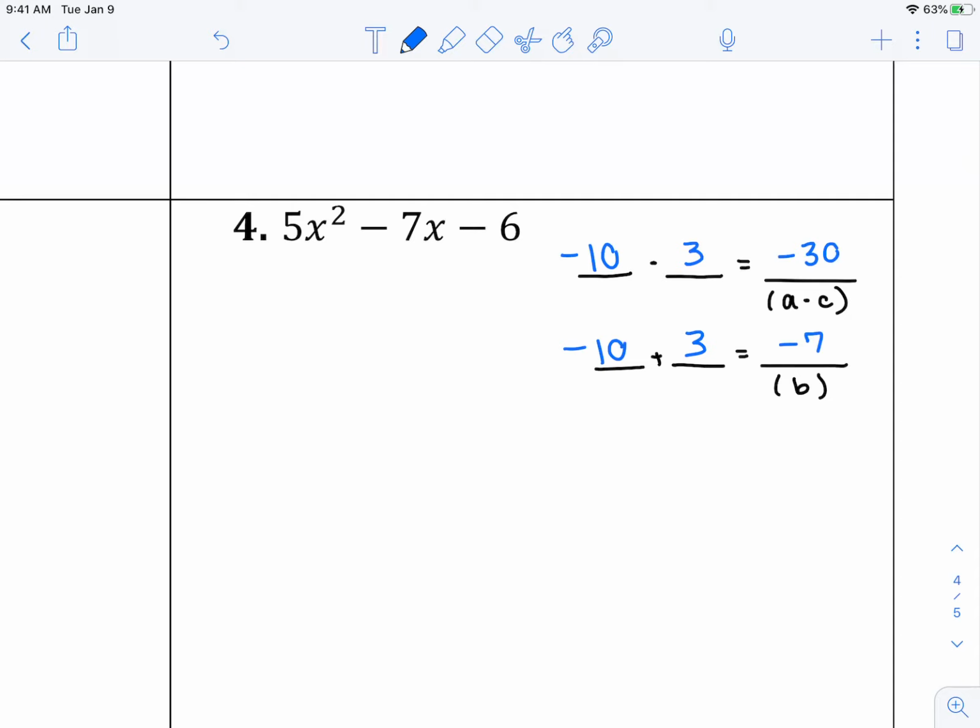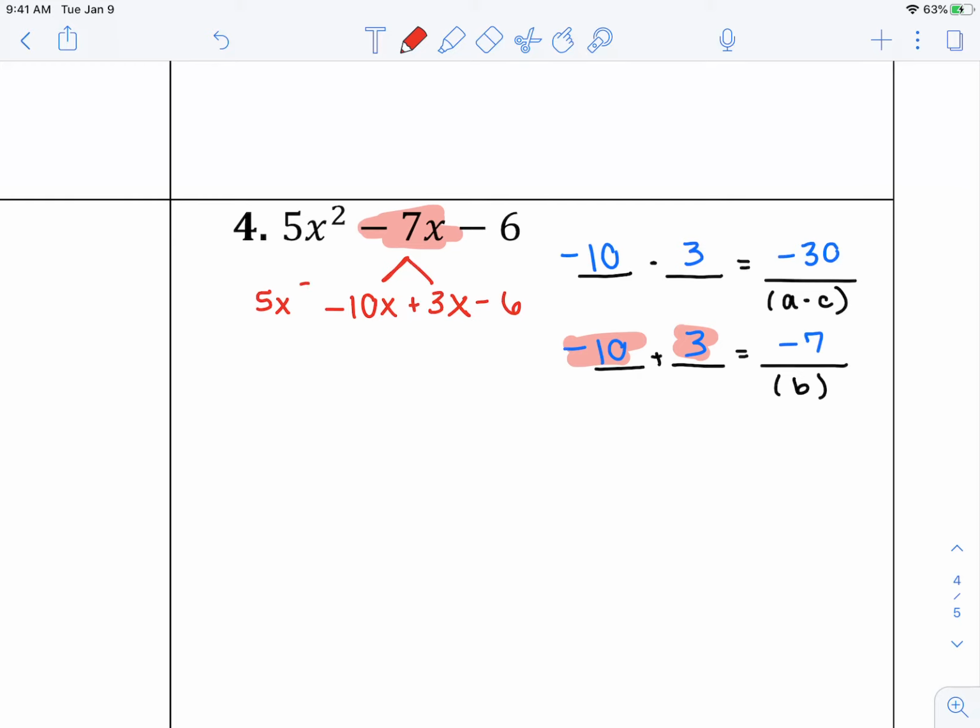So I'm going to rewrite our negative 7x as negative 10x and positive 3x. If y'all are wondering why I'm doing negative 10x first, it's because I know that the 5 and the 10 will have the 5 in common, and the 3 and the 6 will have the 3 in common.